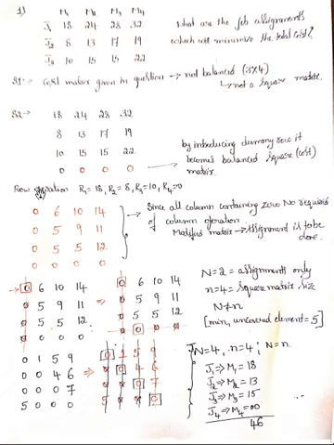Then similarly we need to carry out the column operation. To carry out the column operation, once again we need to identify the minimum element in each column. As each column contains at least one zero, if you identify that and subtract, we also get the same result. In the first column the minimum element is 0, in the second column 0, third column 0, and in the fourth column 0.